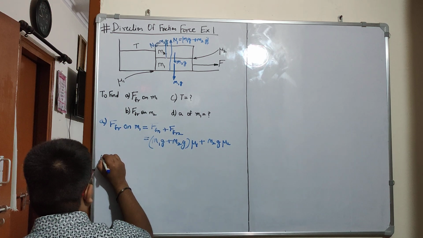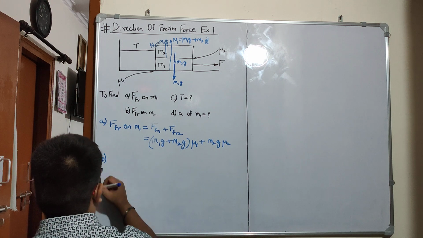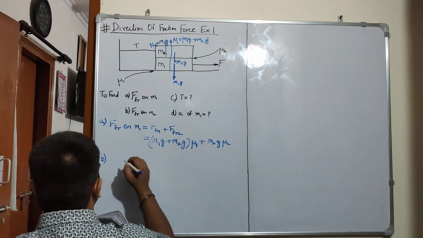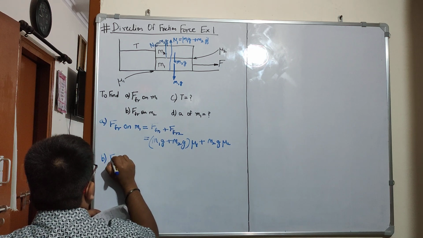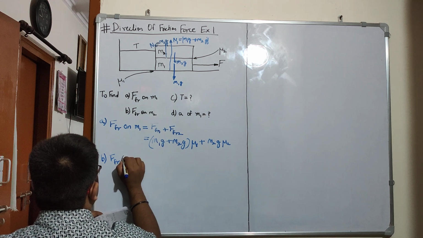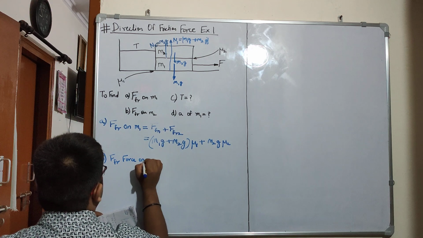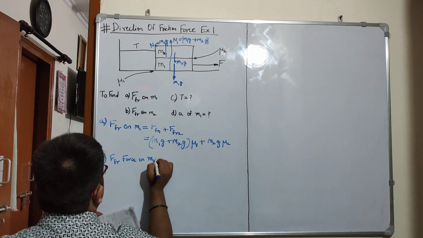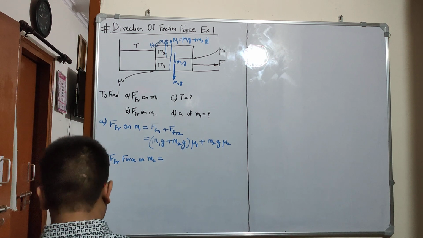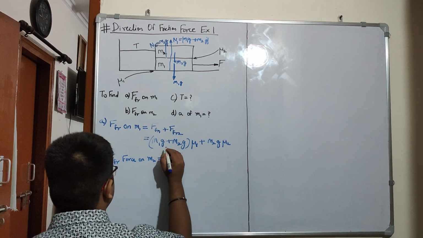Then part B is the frictional force on M2. This will be equal to FR3.